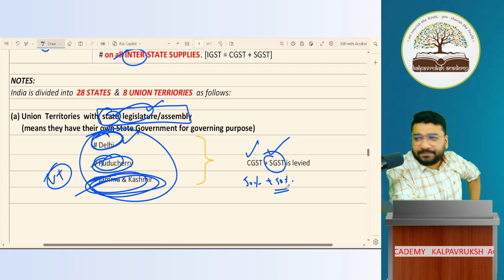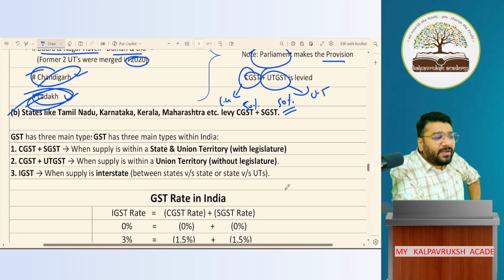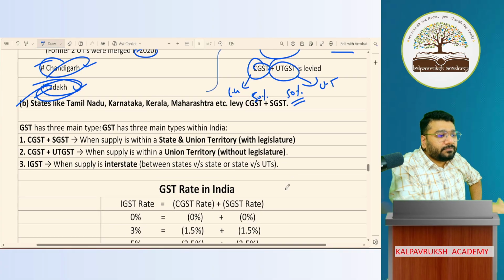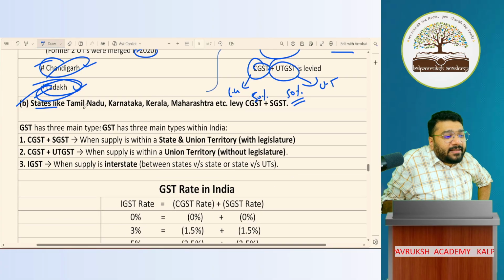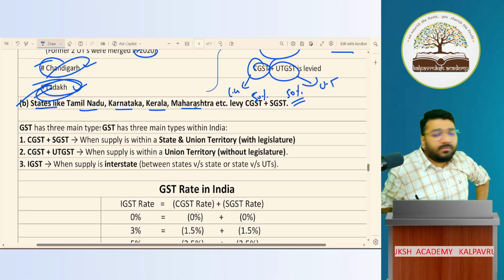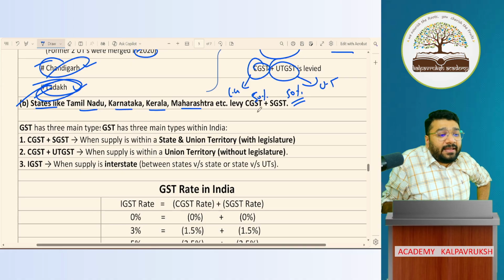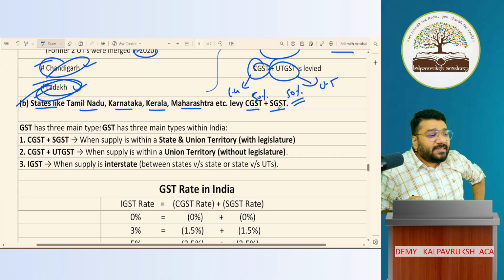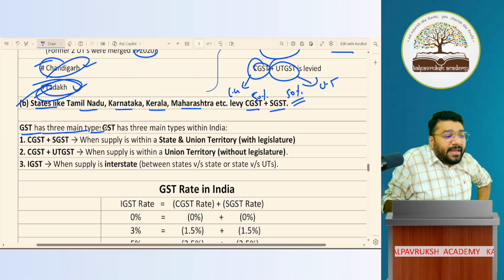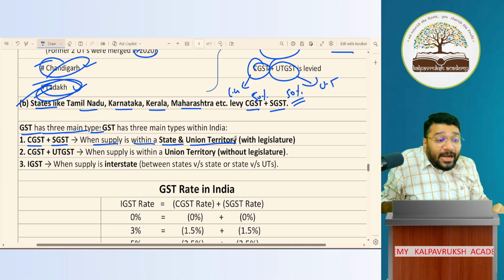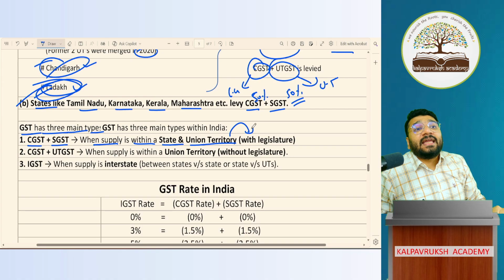Any difficulty here? Online people, any difficulty here? So for states like Tamil Nadu, Karnataka, Kerala, Maharashtra, if you come across any intra-state supply, they will levy CGST and SGST. Got it? Not got it? So GST is of 3 main types. CGST and SGST is for supply within the state and union territory, that union territory which has a state legislature.